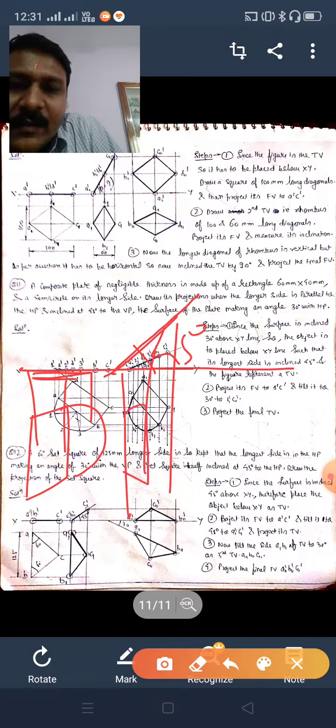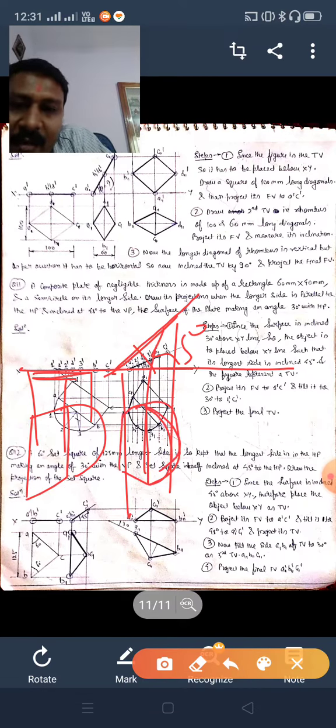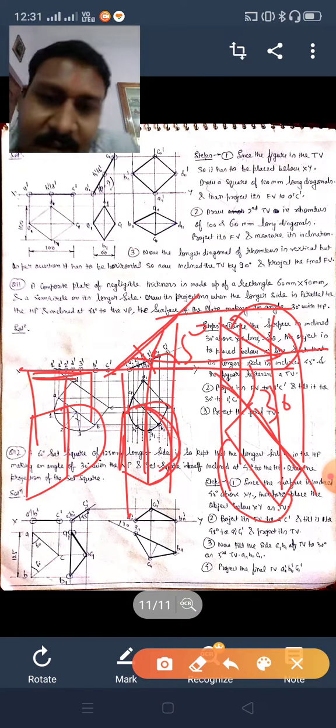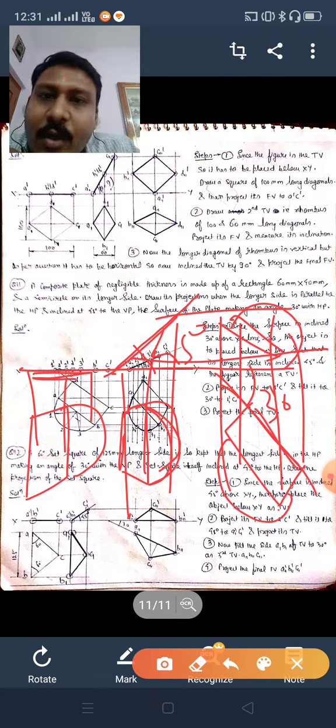You will get a compressed rectangle with a compressed semicircle. Then this line, you have to incline it 30 degree to VP. Draw your rectangle here and a semicircle here, and project this. Again project this. You will get another rectangle with a semicircle like this. This is also correct, but here you have to draw the 3 steps.